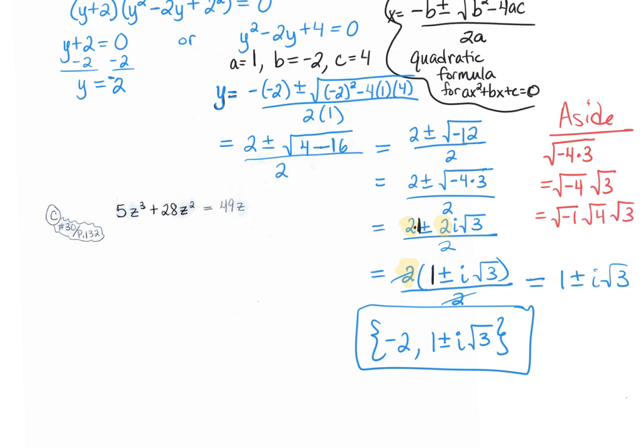What's the square root of negative 1? i. What's the square root of 4? 2, because this is the square root of 2 squared, and times the square root of 3. This 2 cancels with that radical, so that'll give us 2i square root of 3.